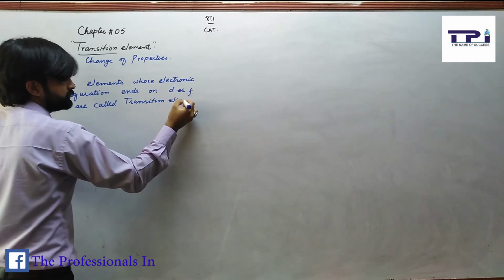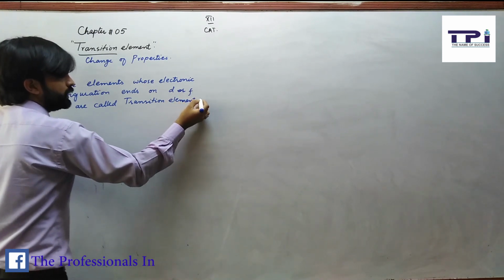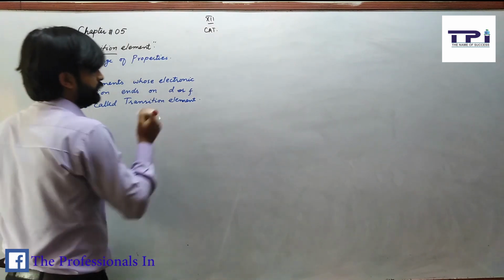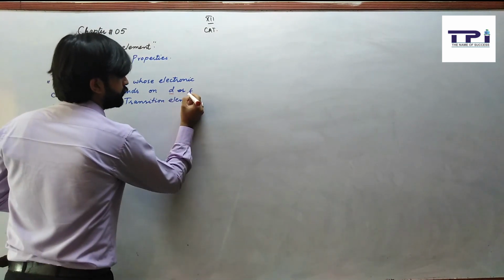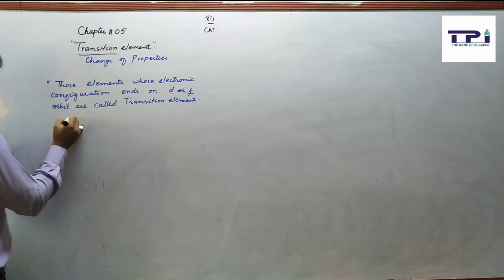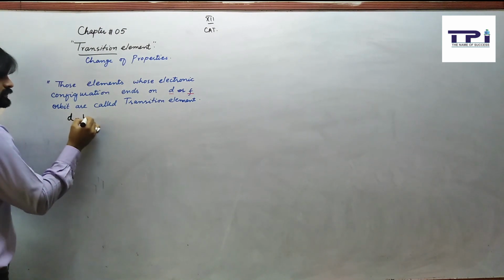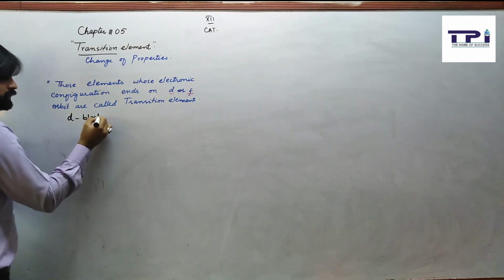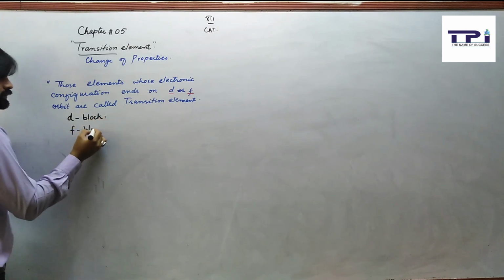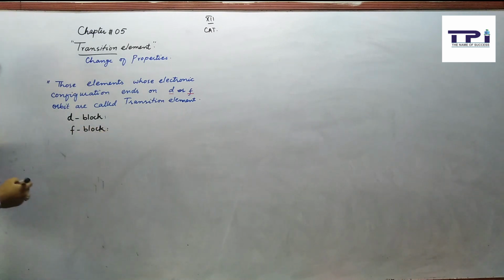In definition, you have two main orbits which are d or f. It means you have two main blocks in transition elements. One of them is D block and the second one F block.